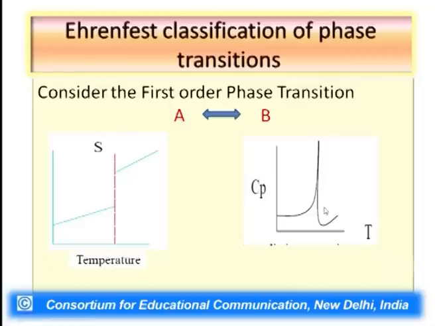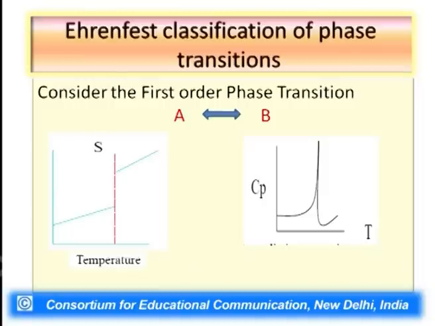And once the phase transition is complete, it ultimately reaches the heat capacity of the phase which is stable at higher temperature. So, this is a very important point to be noted about the heat capacity variation for first order phase transition.